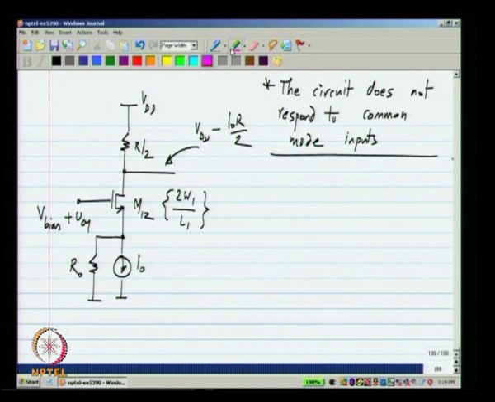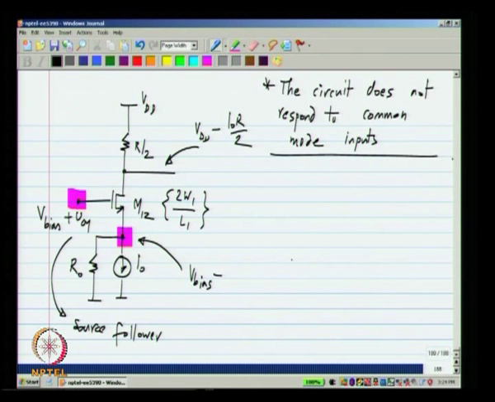What will happen in this case? As an increment VCM is applied, this node increases. In fact, if you think of the circuit with this as input and that as output, it is a source follower. The quiescent voltage here when VCM is 0 is V bias minus VGS of M12, which is the threshold voltage minus square root of 2 times I naught by 2.